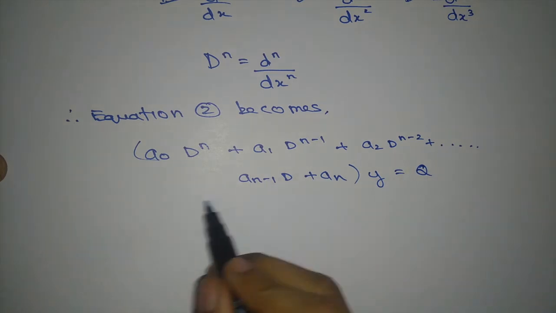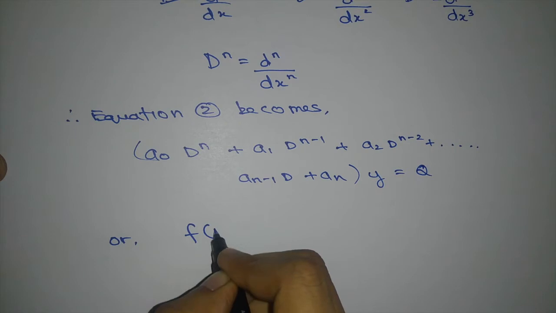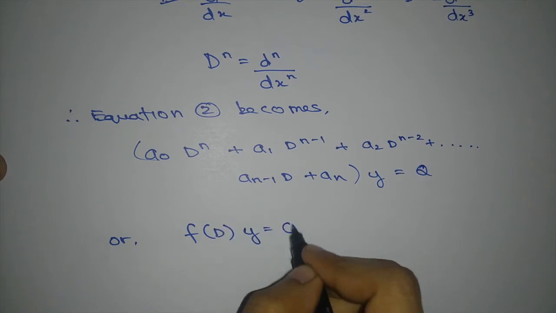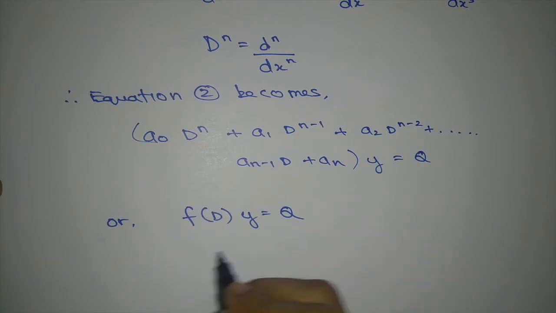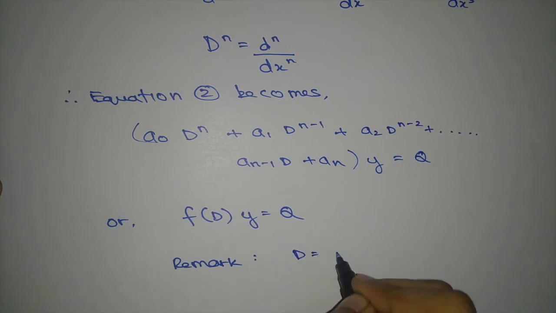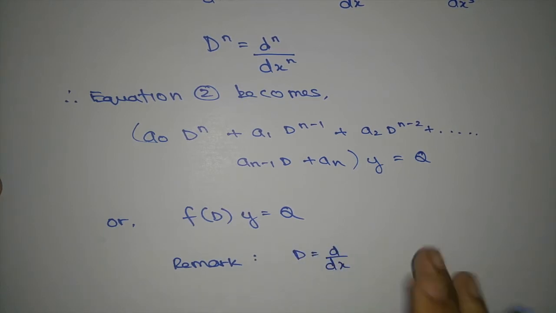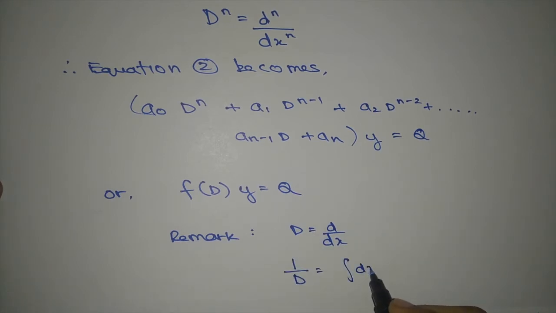Since this is a function of D only, we can write it as function of D, y is equal to q. So here what is D? Remark, D is d/dx. Always remember 1/D would be integration of dx.